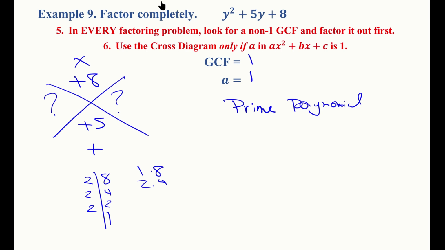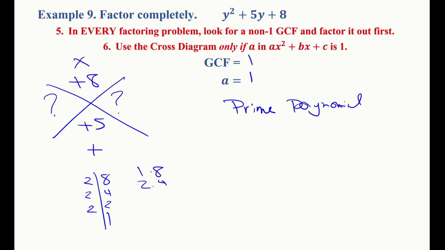Given that the majority of the problems you're going to be doing are not prime, I want to give you this test. The test works like this. If you have a polynomial of the form ax squared plus bx plus c, go ahead and calculate this value for it. This value is called the discriminant, and it's b squared minus 4ac.